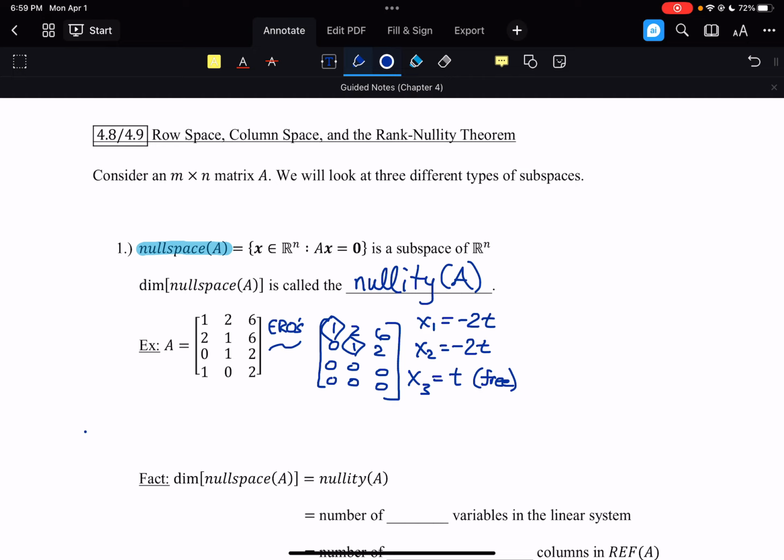So for this matrix, the null space of this matrix A has the form negative 2t, negative 2t, t. If we go ahead and bust out that variable, so we put t out here, we have negative 2, negative 2, 1.